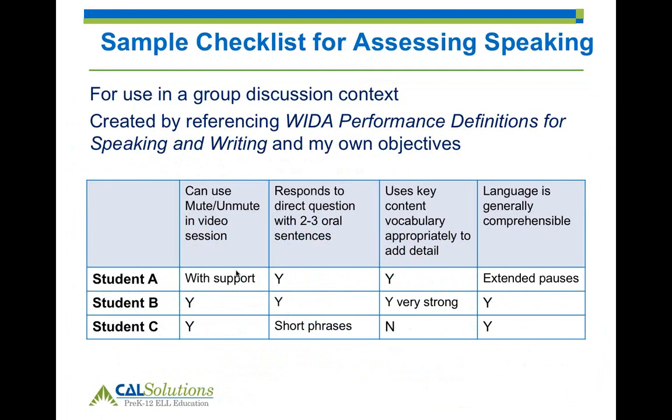And then using this tool, I could just very simply capture yes or no, or I could also annotate it a little bit to give me a sense of how that particular student is doing. Maybe they're not quite producing oral sentences and I'm getting short phrases, and so I would want to note that. So something like this can become just a really simple and efficient way to add some assessment information into the classroom practices that you're already planning.